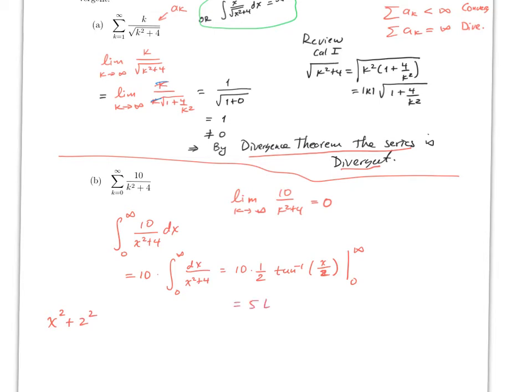So then this is 5 tangent inverse of x over 2 from 0 to infinity. Remember, tangent inverse of infinity is pi over 2, and tangent inverse of 0 is 0. So this is 5 pi over 2, which is finite. So that implies that it is convergent by the integral test. That's it.